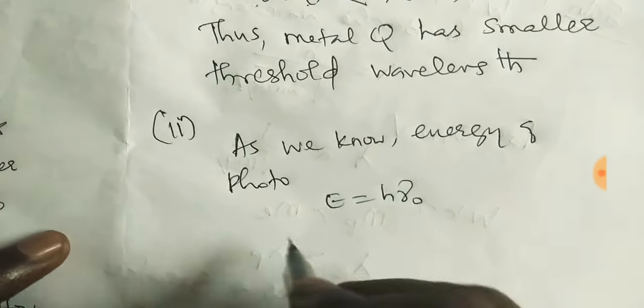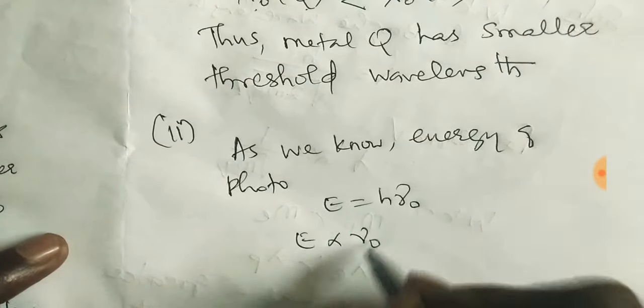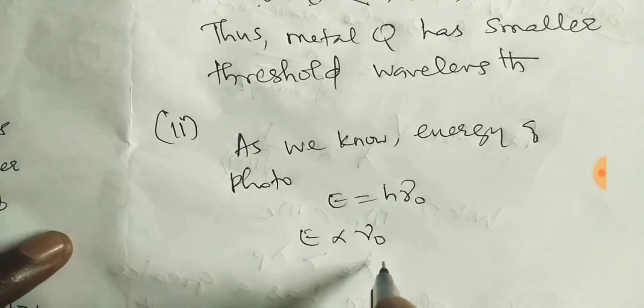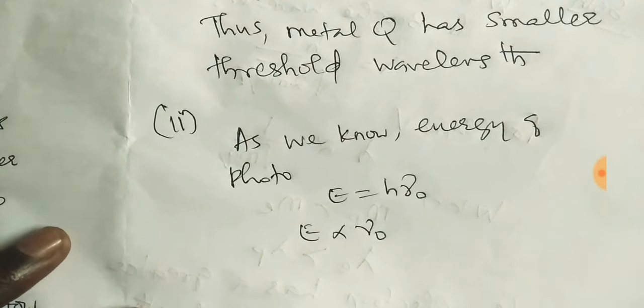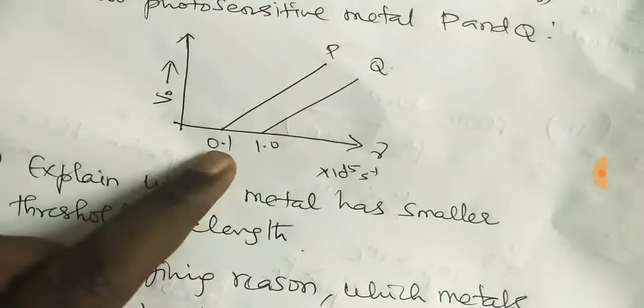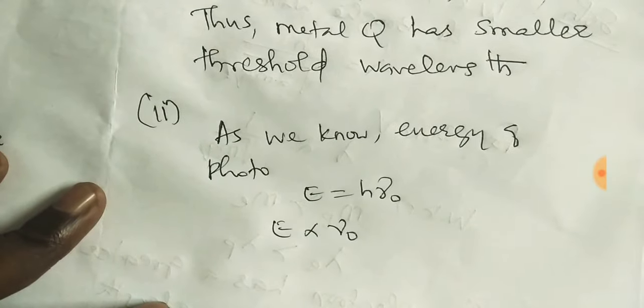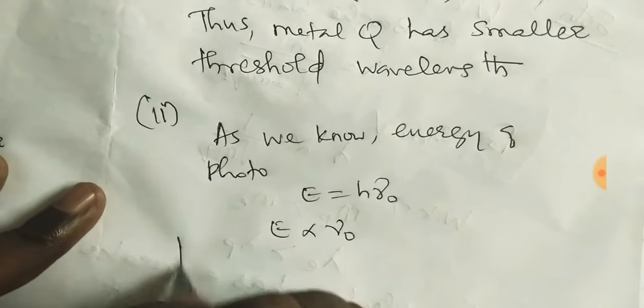Energy is directly proportional to nu. Which one has a smaller frequency? See the graph, children. Very easy. P has a smaller frequency. Then which will have the smaller kinetic energy? Metal P will have the smaller kinetic energy.